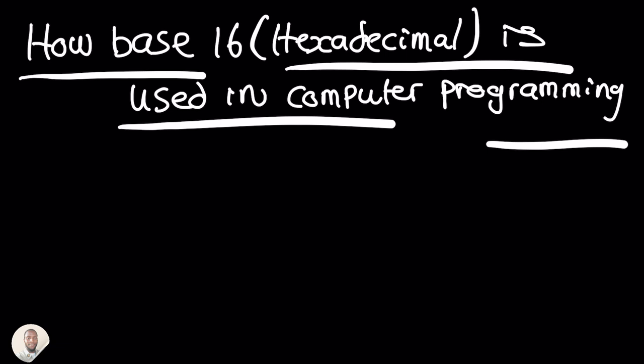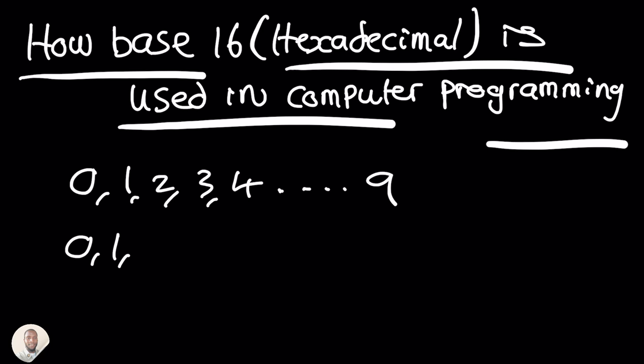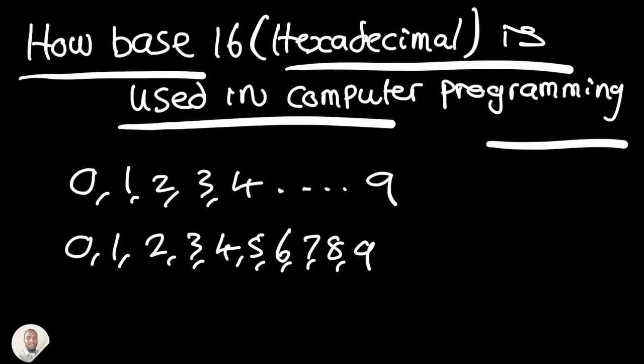That means instead of counting 0, 1, 2, 3, 4 to 9, you added some letters, which then becomes 0, 1, 2, 3, 4, 5, 6, 7, 8, 9, then A, B, C, D, E, and F.